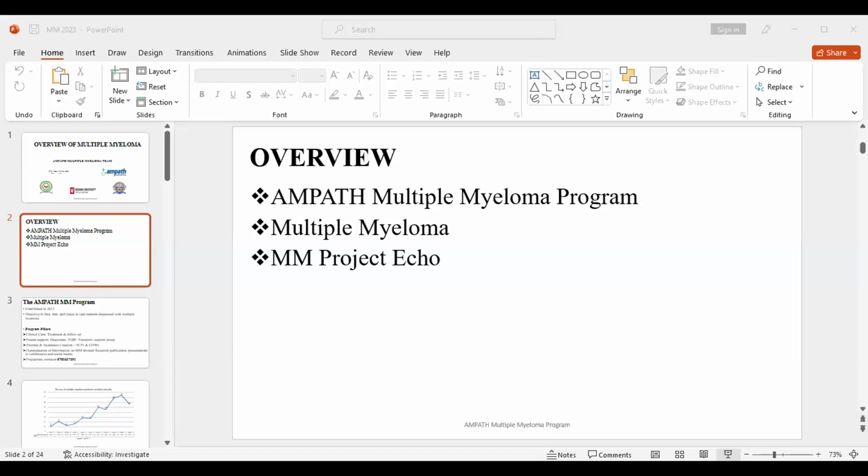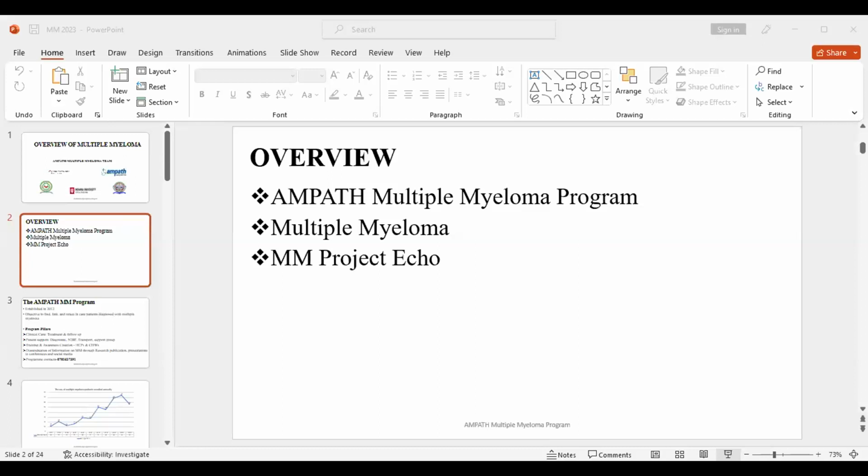So the program does offer support in that. Sometimes it pays for their bone marrow aspirates, sometimes for some lab investigations that are required, and at the same time supports NHIF, especially for clients who do not have NHIF, we register them. It also reimburses transport because many times they have to come in for their clinic visits or even their scheduled injections.